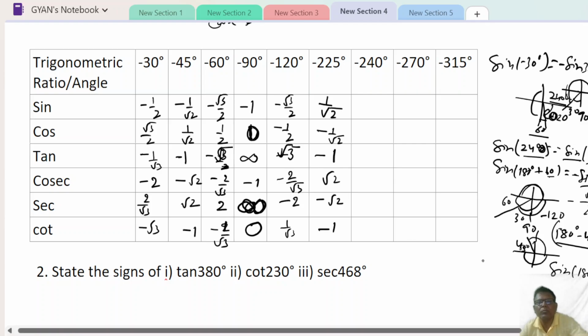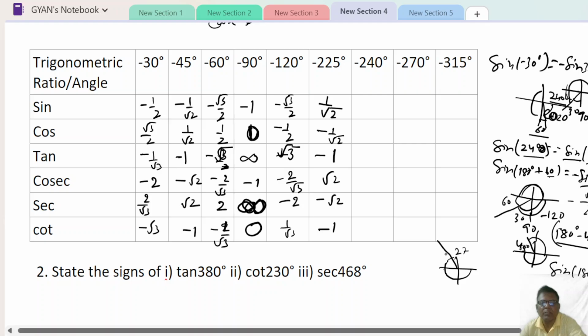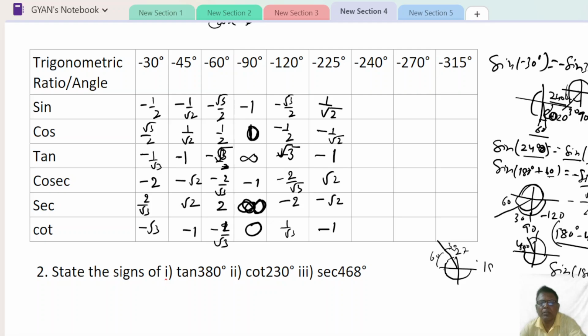Now come to 240. So 240, where is it lying? So here 180, 180 plus 90, 270. So 240 will be lying here. So 180 plus 60. That means this one is 30 degree. So that is 180 minus 60 degree, sine 60 degree.